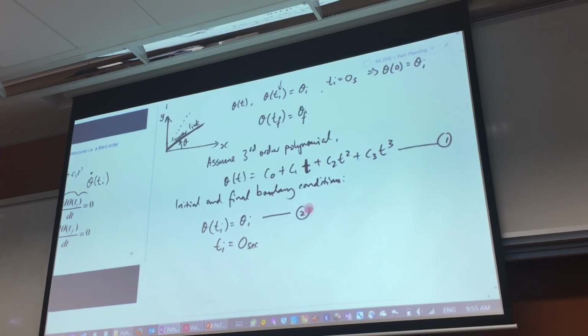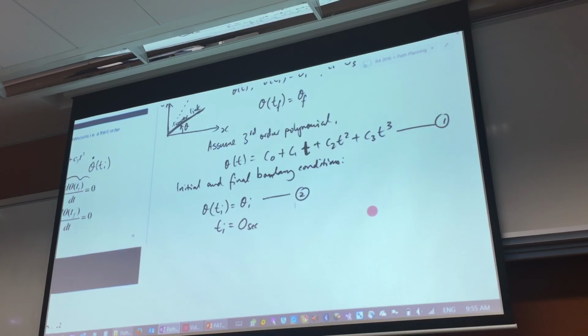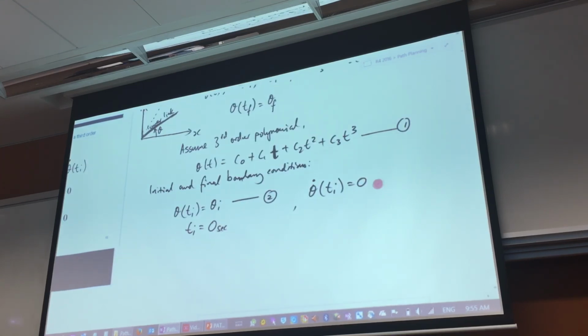This one I call equation 2. And we also know that at this initial time, when time is equal to 0, the velocity is also equal to 0. That velocity over there represented by theta dot i. So this is another equation.